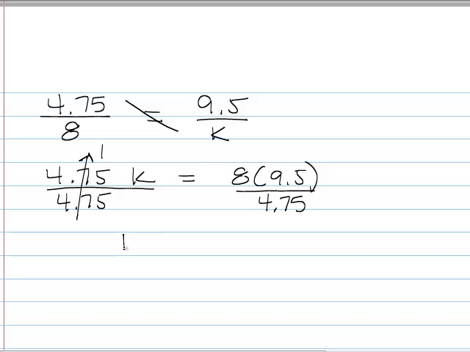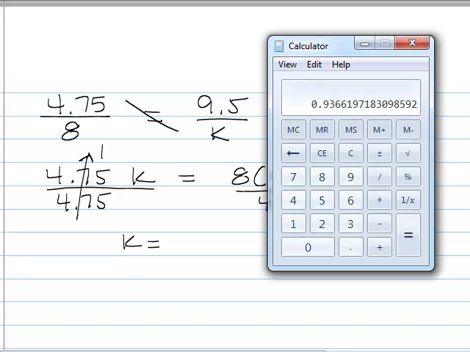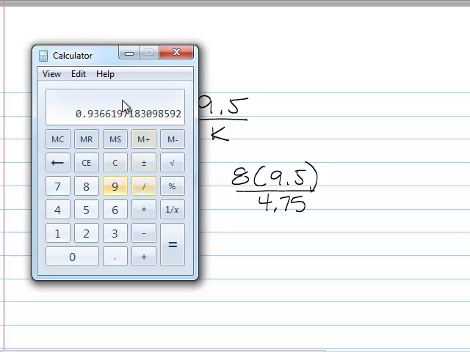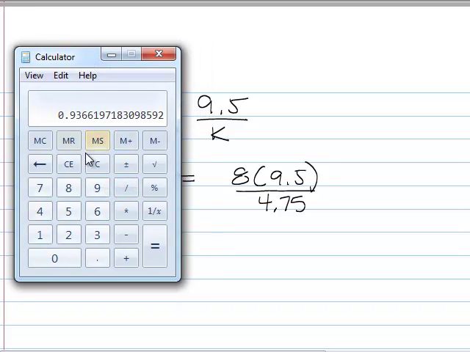And so we have K equal to, and we could also just use our calculator at this point to calculate what we're looking at here. So we have 8 multiplied by 9.5, and then we're going to get that answer, 76, and we're going to divide 76 then by 4.75, and that equals 16.